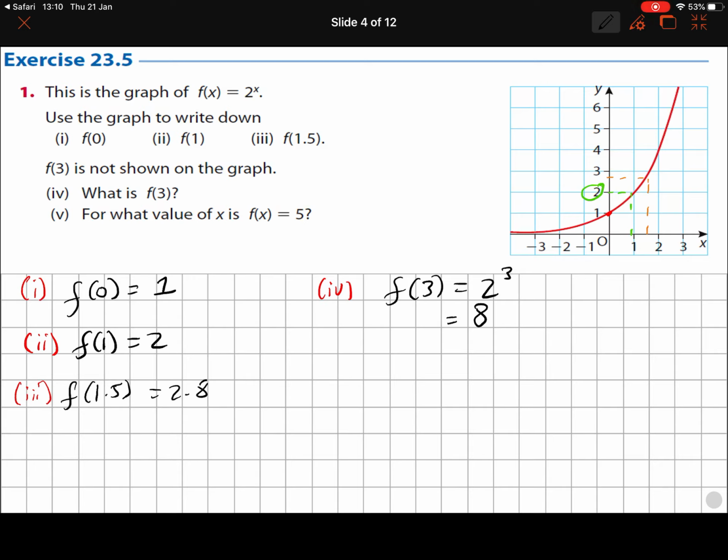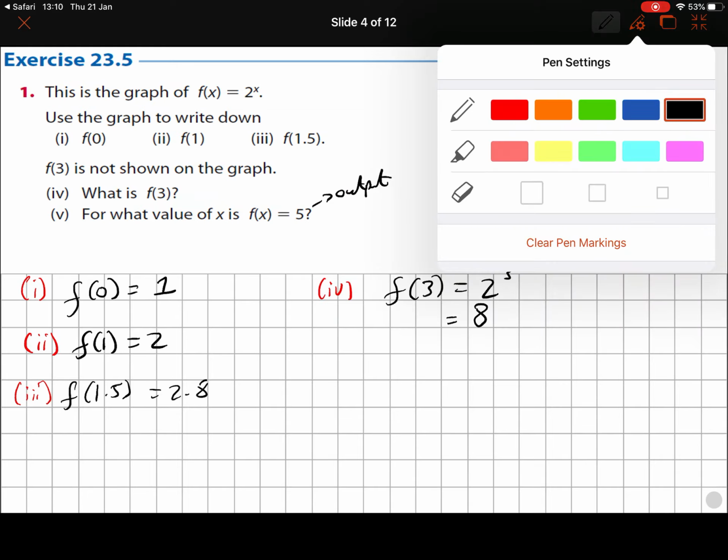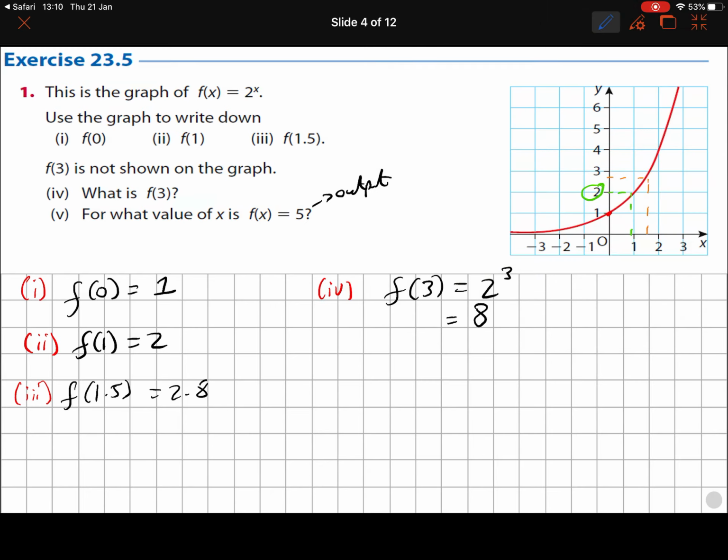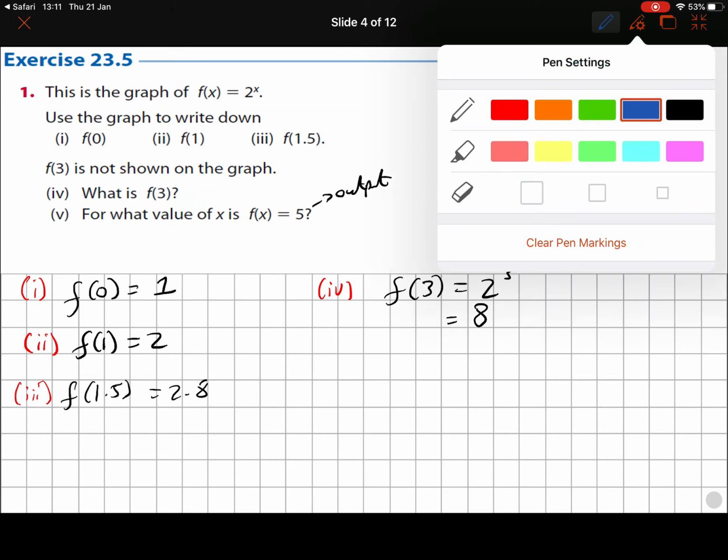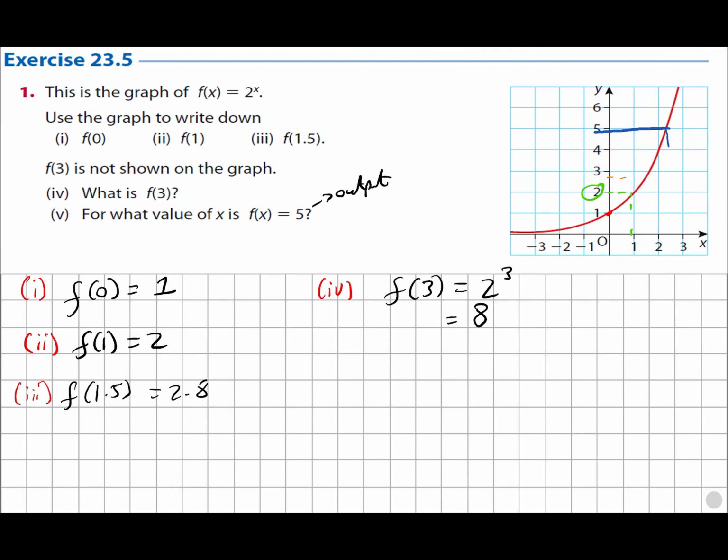For what value of x is f of x equal to 5? So remember, this is your output. So it's our output here. So we're going to go to the y-axis and we're going to go to 5. And we're going to drop it down here. Oh, sorry, it's a bit wobbly there.